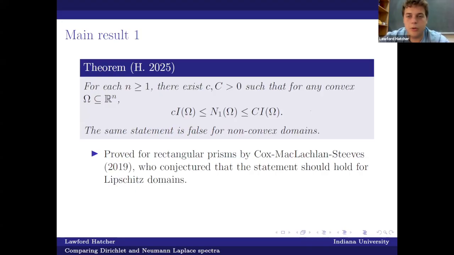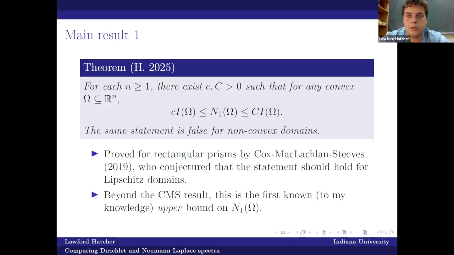And reading their preprint is what motivated me to think about this set of inequalities in the first place. I should also point out that beyond their result for rectangular prisms, this is the first result that I know of that gives an upper bound on n_1 of omega. So not just a lower bound, but an upper bound as well.